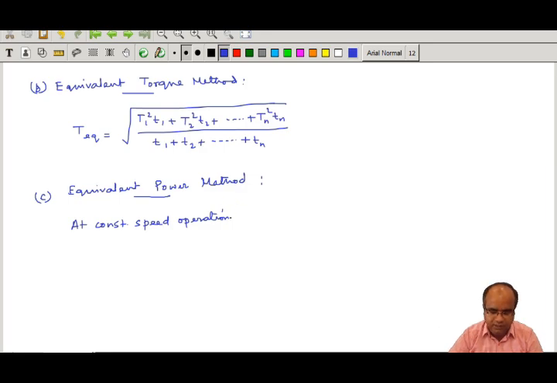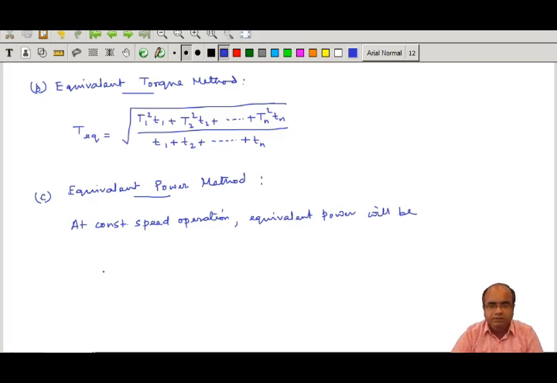Okay, the equivalent power, from where we can directly select the motor power rating.